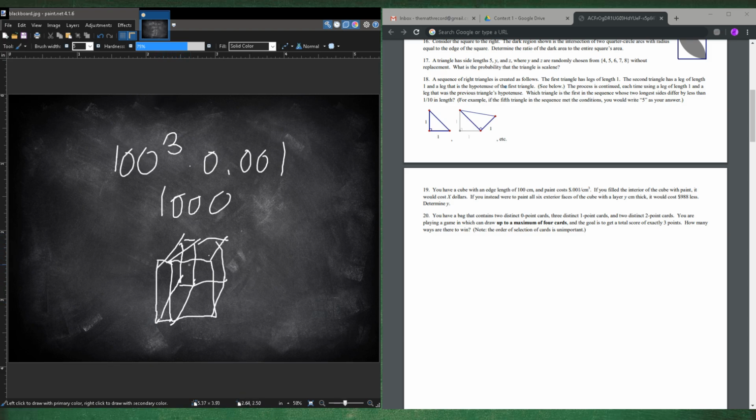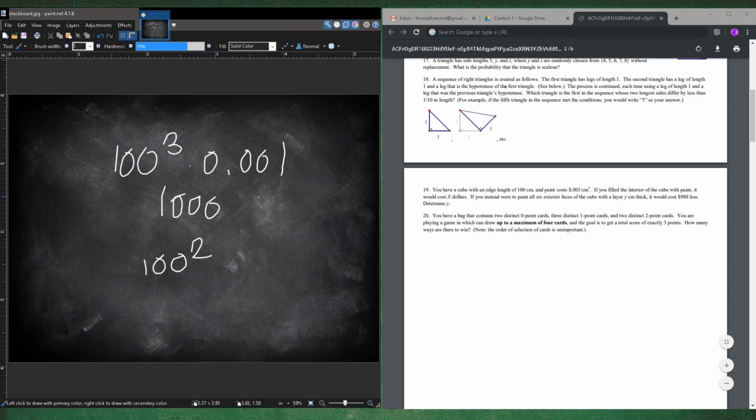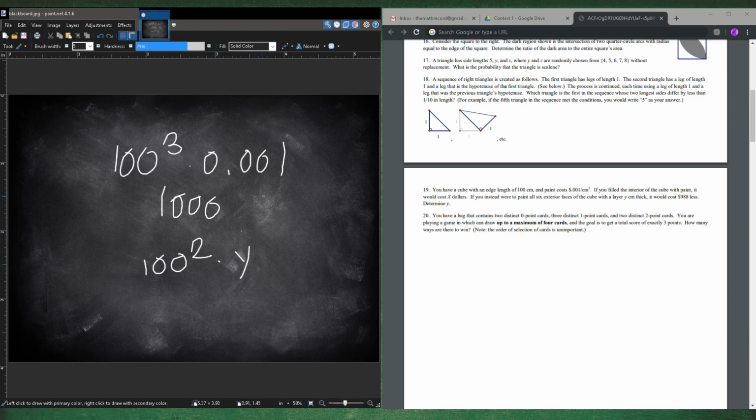So we have this and this, which gives us 100 squared times Y centimeters thick. So you multiply times Y. And then you find the cost, which is times 0.001. And this cost is $12, because it will cost $988 less for this one.